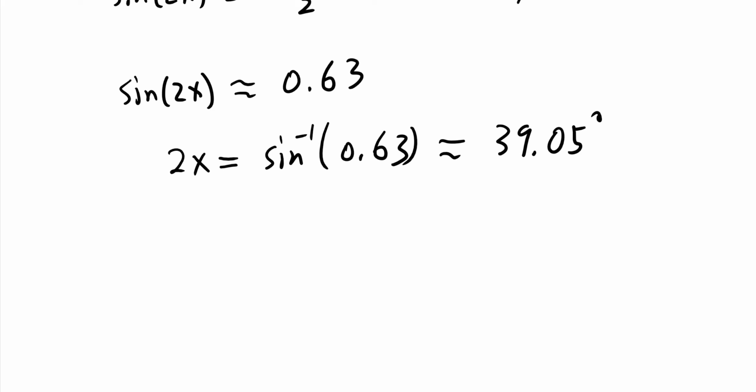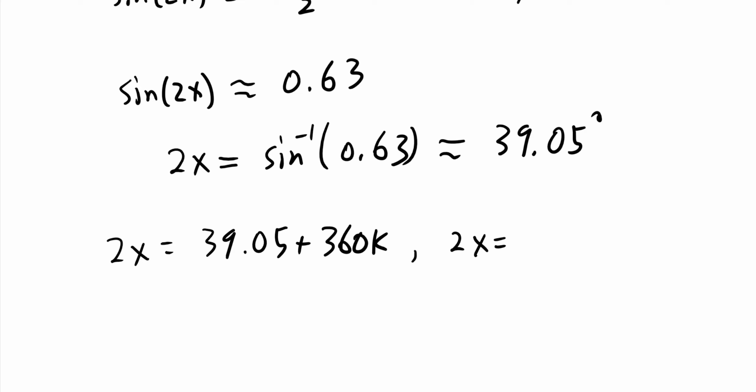Okay, we got to that point. Now we have two solutions. If you remember, 2x equals that angle that I just got plus 360k. The other one is 2x equals 180 minus that angle here plus 360k.